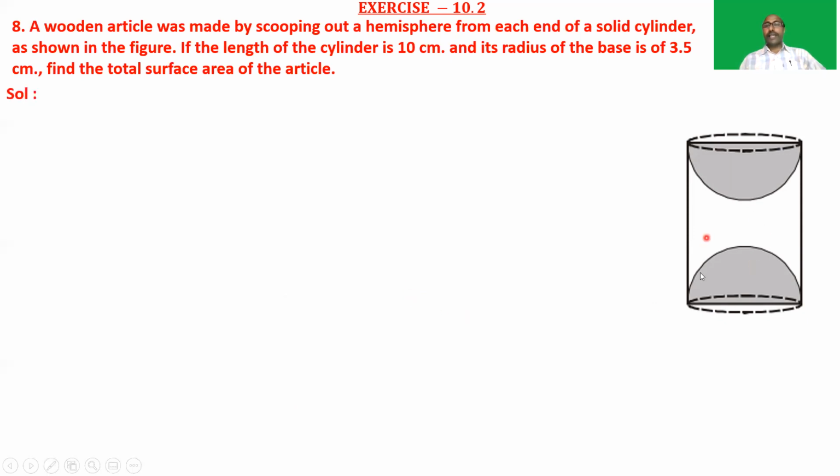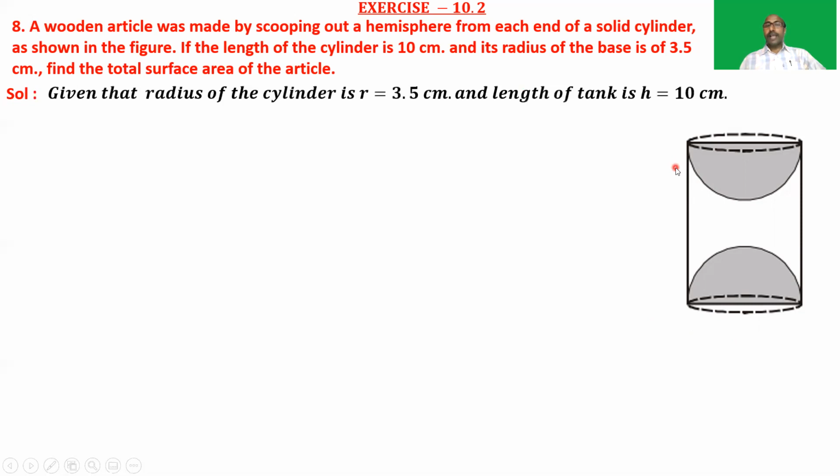So here the article is given in the figure, and in this figure, two hemispheres are scooped out from both the ends of the cylinder, and the length of the cylinder is given as 10 centimeter and its radius is 3.5 centimeter.